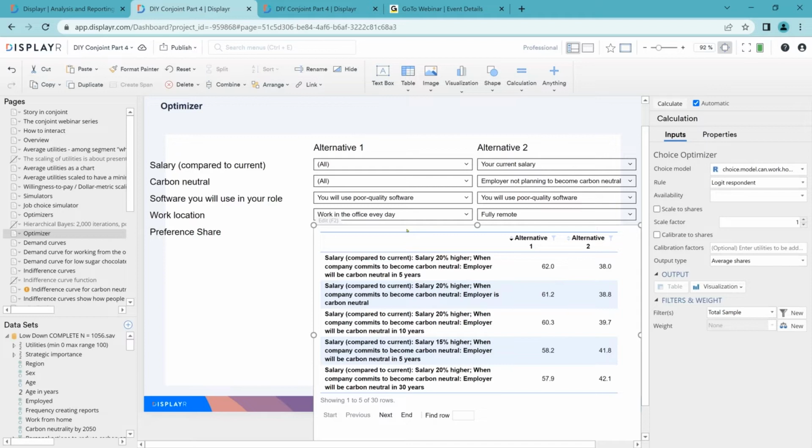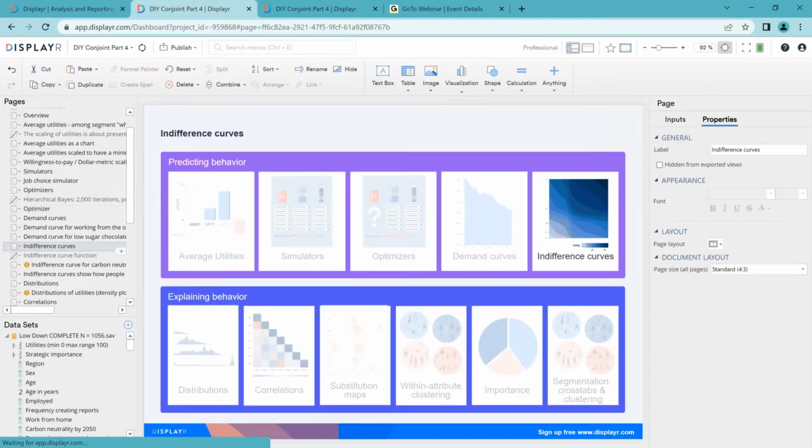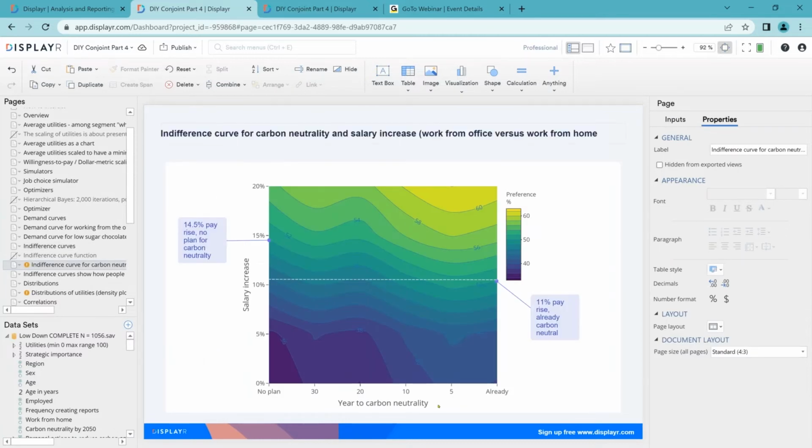So we looked at demand curve as a way of summarizing a single attribute, optimizing the results. An indifference curve does it for 2 attributes. Let's have a look. Here we're looking at, on the x-axis, how many years the company will take to become carbon neutral. On the y-axis, we've got the salary increase.